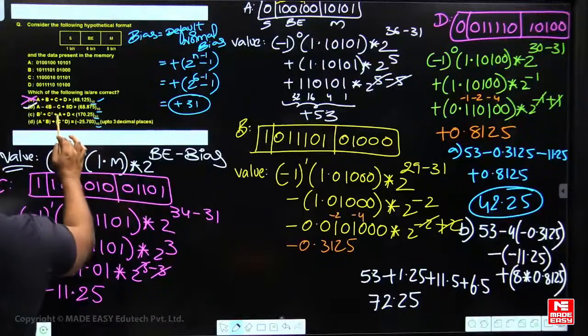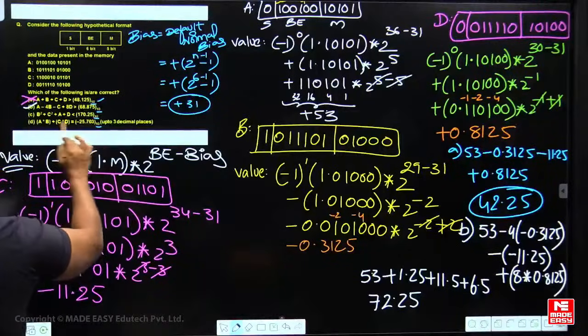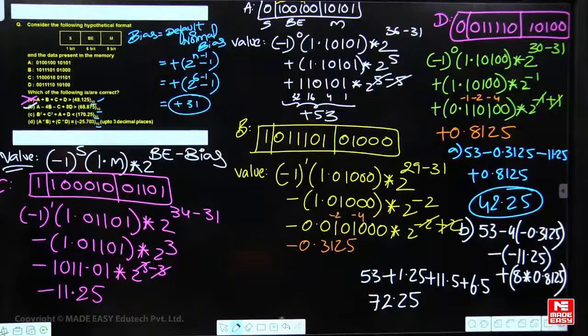Then B square plus C square plus A plus D is less than 170.25.